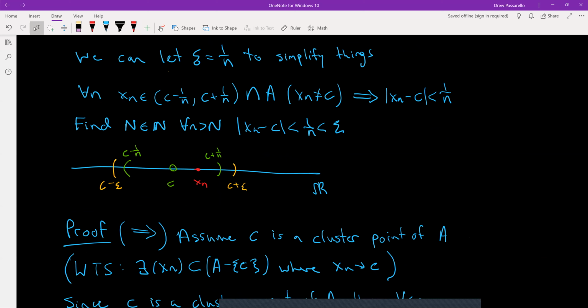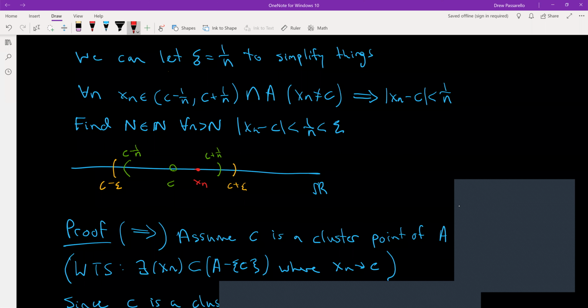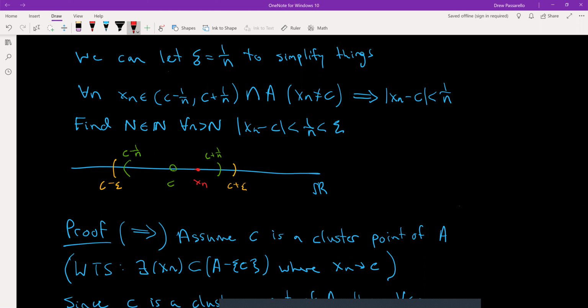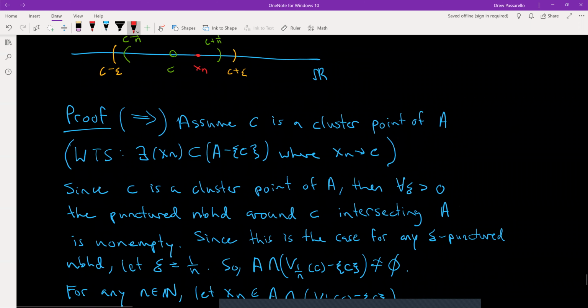And now we're going to go into the proof. All right, so for the proof, we're going to assume C is a cluster point of A. We wish to show that there exists a sequence xn contained in A subtract out the point C, where xn converges to C. That's what we wish to show. So since C is a cluster point of A, we know for all delta greater than 0, the punctured neighborhood around C intersecting A is non-empty.